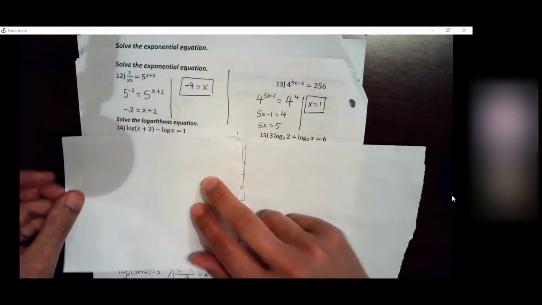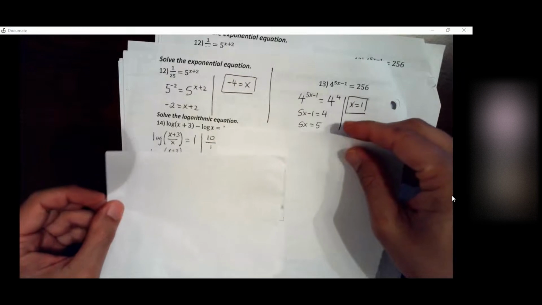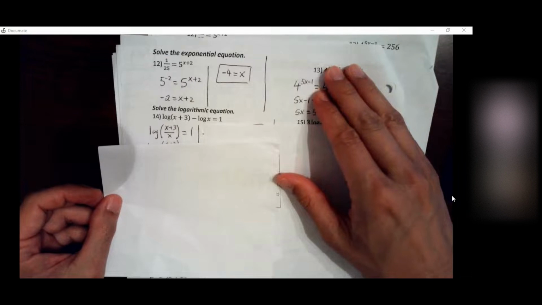Can we condense the logs first? Yeah. Log of x plus 3 over x equals 1. Can we move the 1 to the other side? Well, we have log form, right?